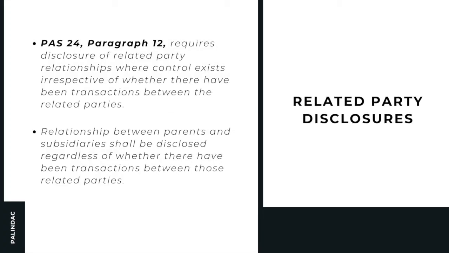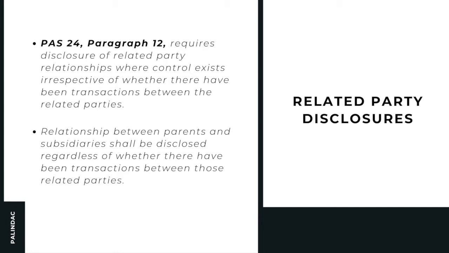Related party disclosures. PAS 24 paragraph 12 requires disclosure of related party relationships where control exists, irrespective of whether there have been transactions between the related parties. A related party transaction is a transfer of resources, services, or obligations between related parties regardless of whether a price is charged. In other words, relationships between parents and subsidiaries shall be disclosed regardless of whether there have been transactions between those related parties.